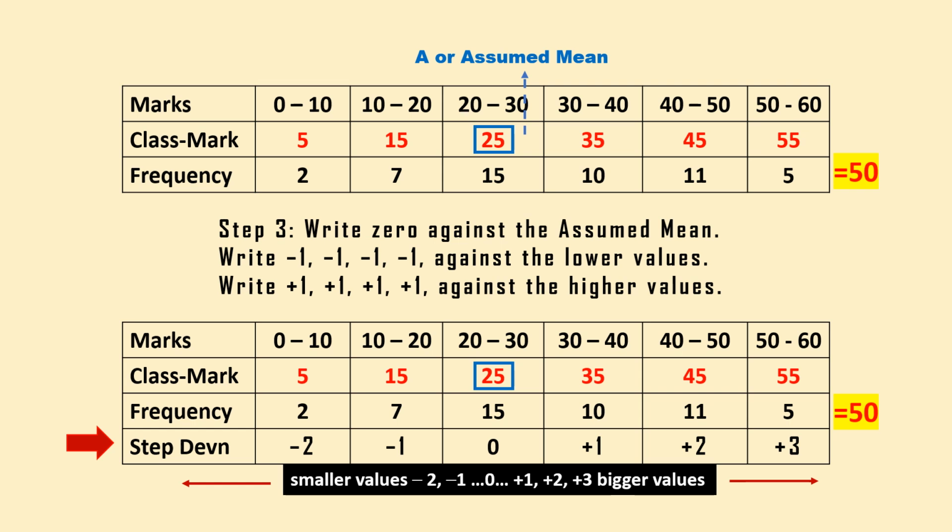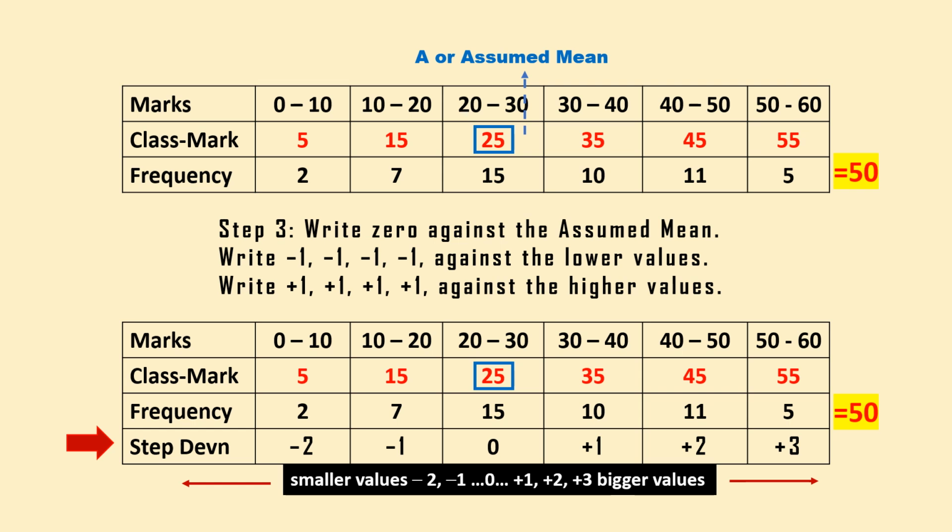We have written 0 below the assumed mean, and all the higher values we write +1, +2, +3, and all the lower values will be -1, -2, -3, -4. It's just like a number line: to the right of 0 you get +1, +2, +3, +4, and to the left you get -1, -2, -3, -4.